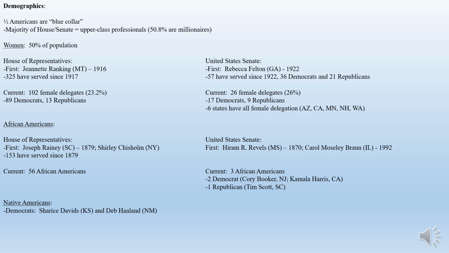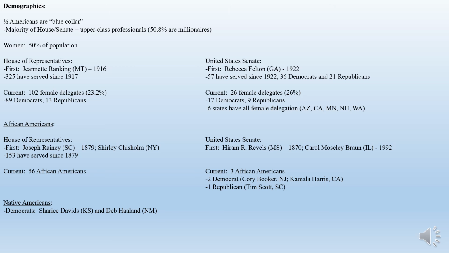50.8% of the members of the House and the Senate are considered millionaires. So these are not your average everyday people. 50% of the population are female here in the United States. And yet in the House of Representatives, we don't see our first female member until Jeanette Rankin in 1916 from Montana.